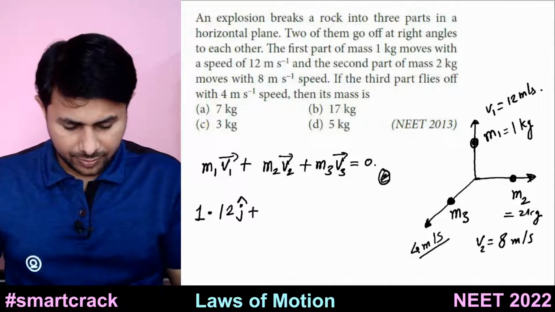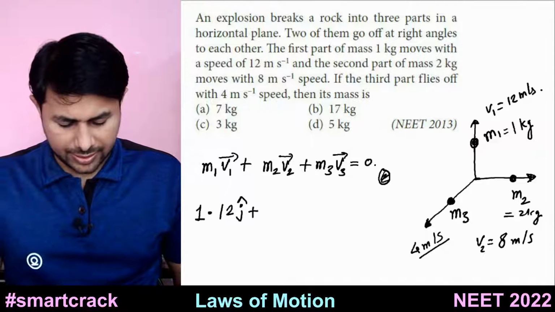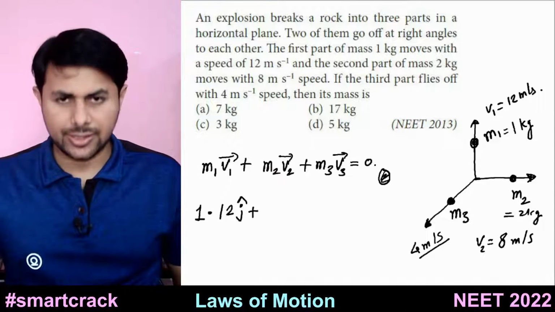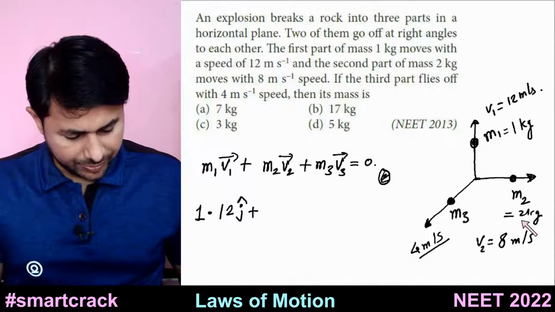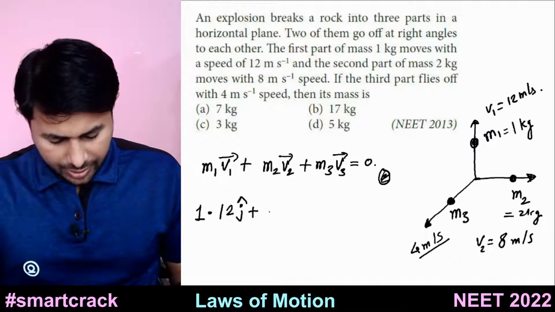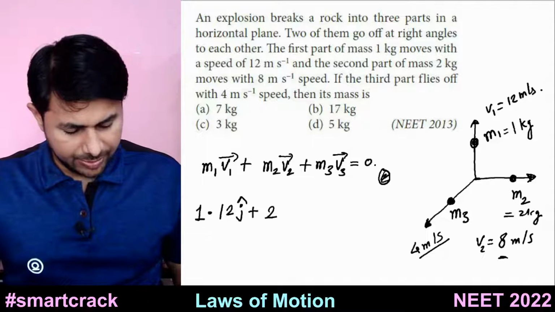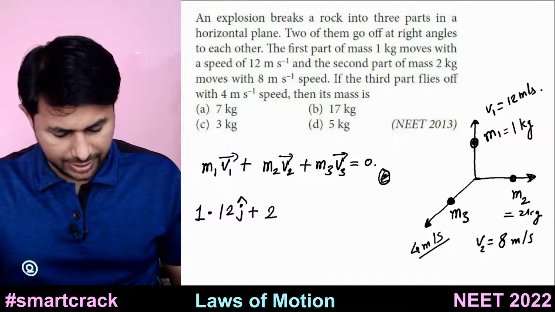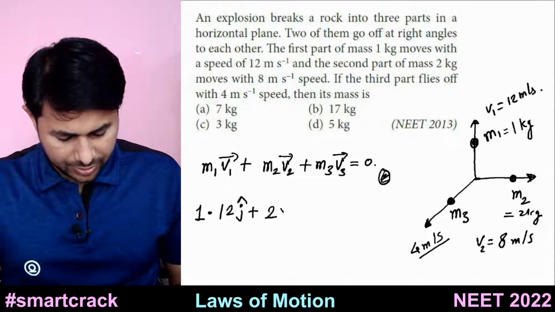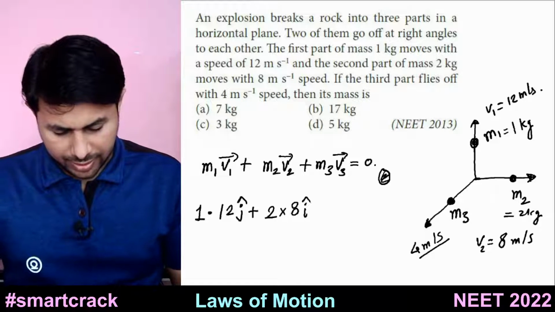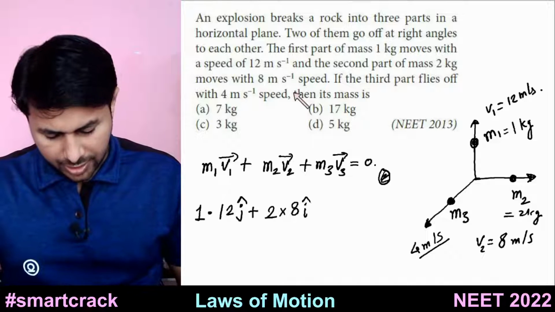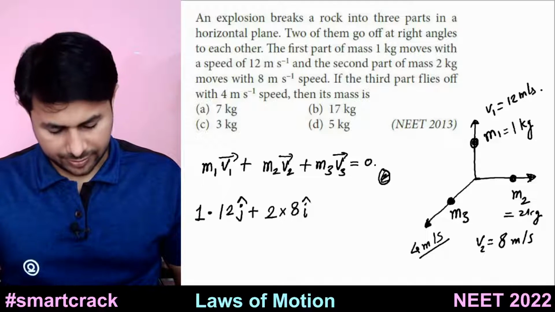Plus the second one has mass 2 kg, and its velocity is 8 meters per second along the x-axis, so 2 multiplied by 8 into i cap. And the third one flies off with 4 meters per second.